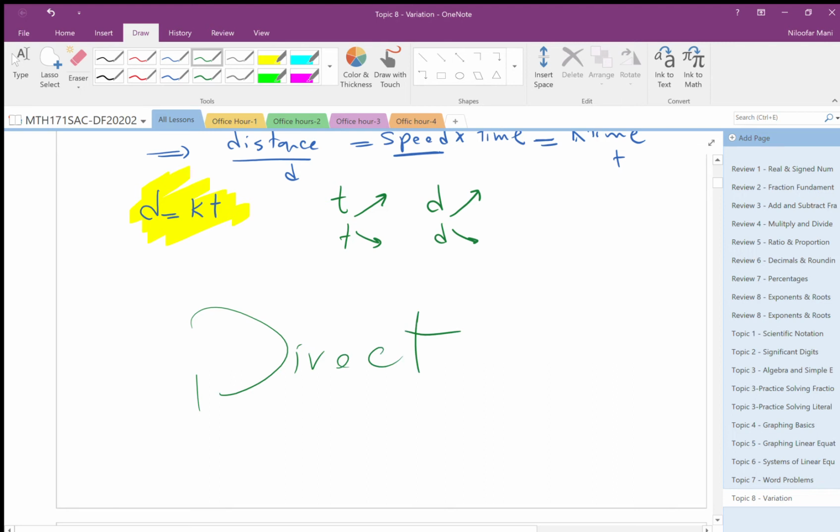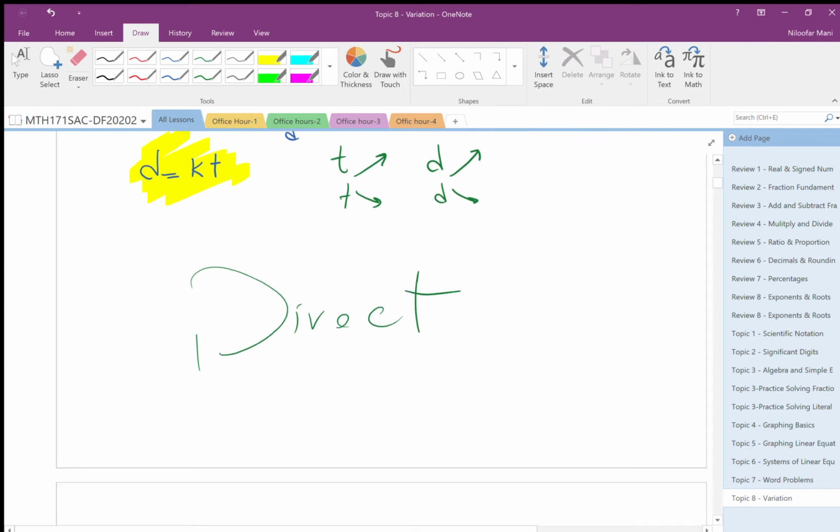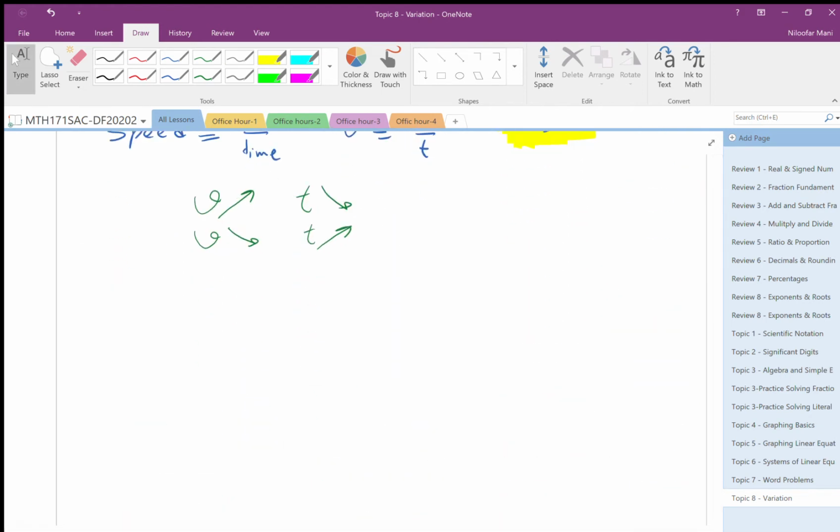I have one constant thing and I have two things which are changing the same as each other, both of them increasing, both of them decreasing. This is direct and here is indirect or inverse.